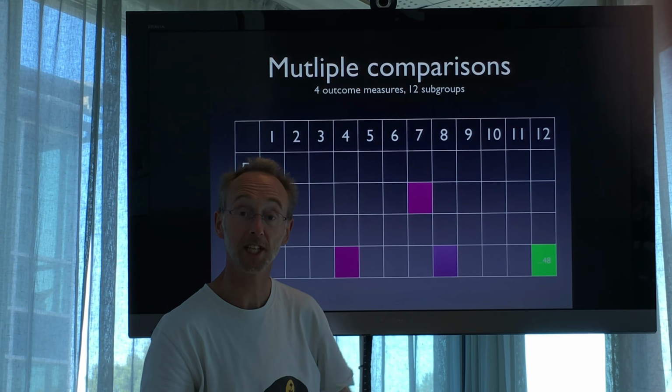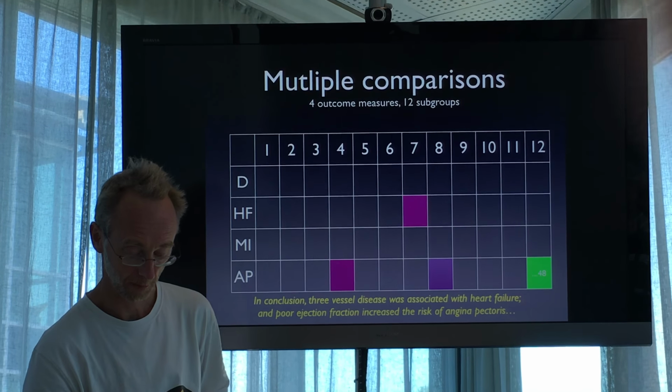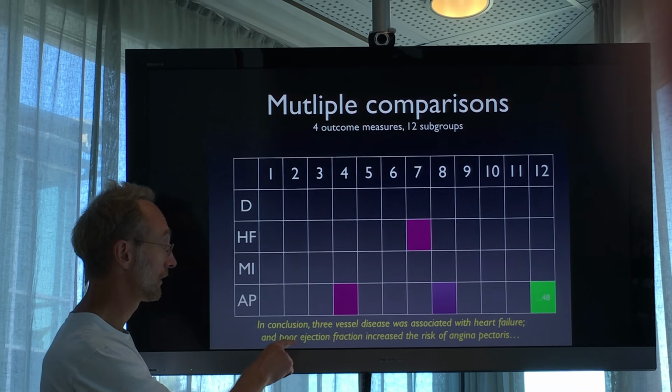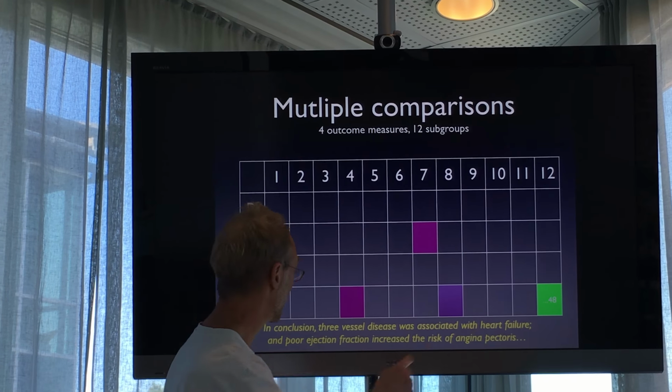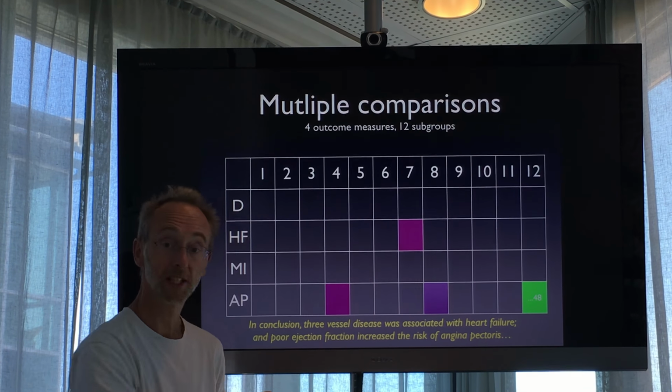Actually, we perform 48 comparisons. And now we're committing type 1 errors. So we could conclude, in conclusion, 3 vessel disease was associated with heart failure, and poor ejection fraction increased the risk of angina pectoris in this or that subgroup.